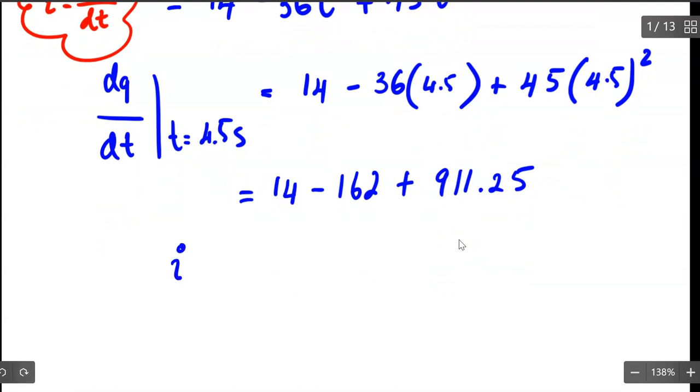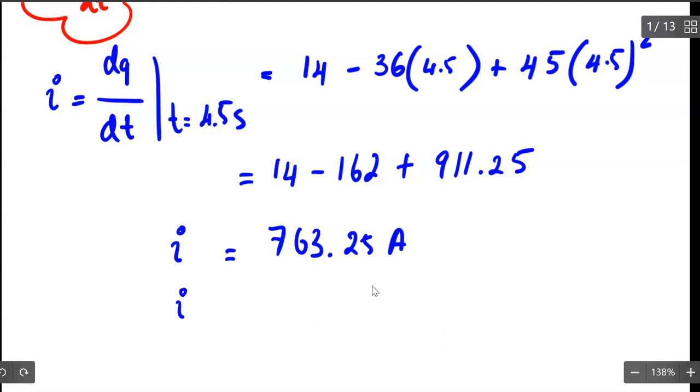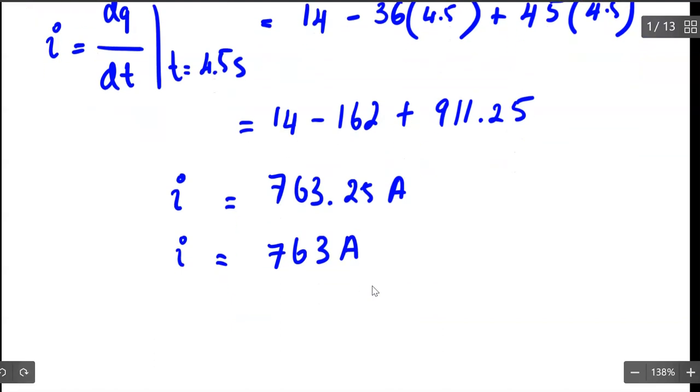Make sure that you know that you are finding the instantaneous current because of the definition for instantaneous current. So I is equal to 763.25 amperes. And if I want to round to 3 significant digits, I will have 763 amps. Alright, so I just want to remind everyone about 3 significant digits.